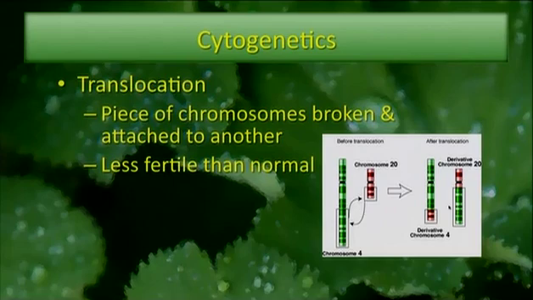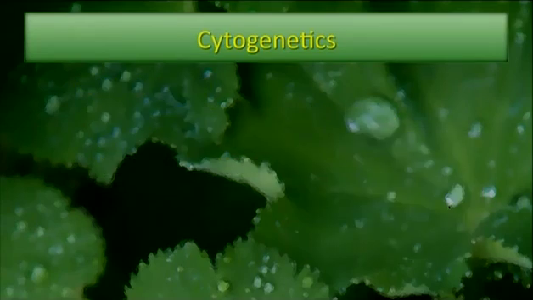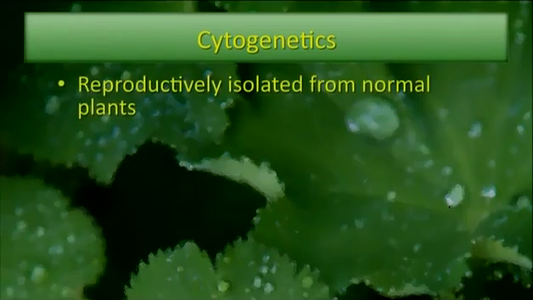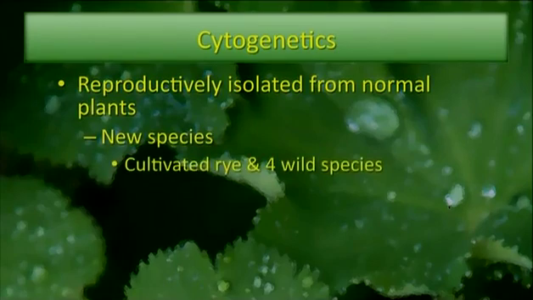Plants that have inversions or translocations can be reproductively isolated from normal plants, and that may not be such a bad thing because it can lead to new species. Take cultivated rye and four wild species related to rye.